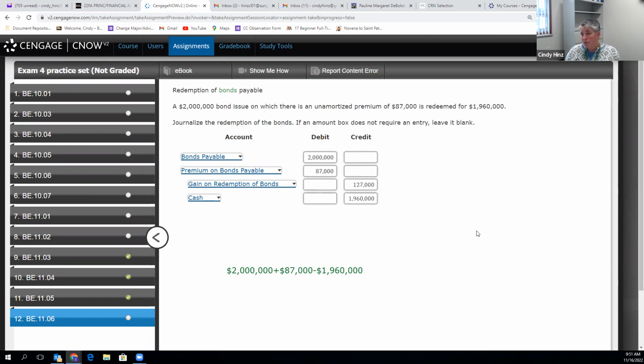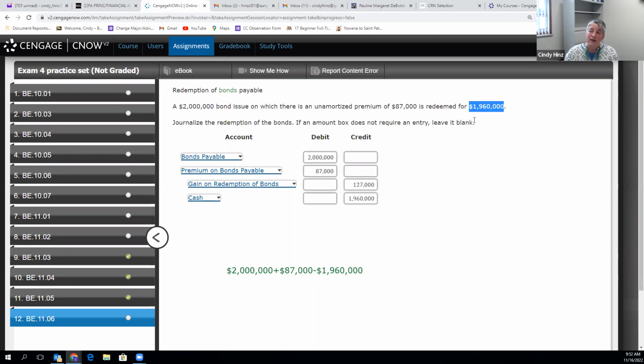So let's think just for a moment. It's not part of this exercise, but let's think just for a moment. Why would we be able to redeem those bonds for less than what we're carrying them on our books? Well, think about what we talked about in class, that there is an inverse relationship between bond prices and interest rates. The price of these bonds must have fallen. That's what makes it so that we can buy them back for less than their worth on our balance sheet, less than our carrying value.